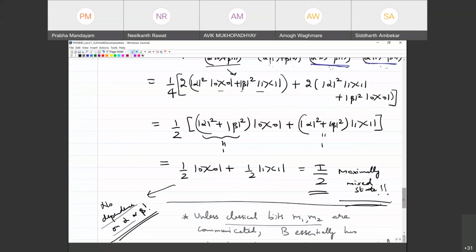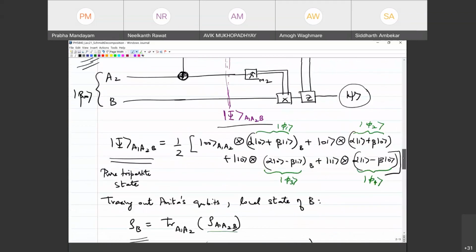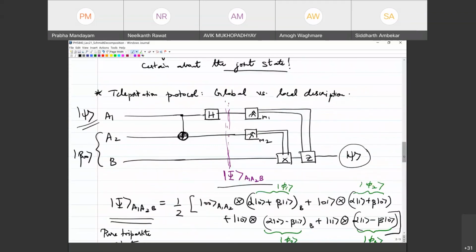If A communicates the outcome of the measurement, then B knows that B has to do certain local operations on his qubit, right? And then the state is a pure state in his lab, right? But to get this pure state description, he must know the measurement outcomes.